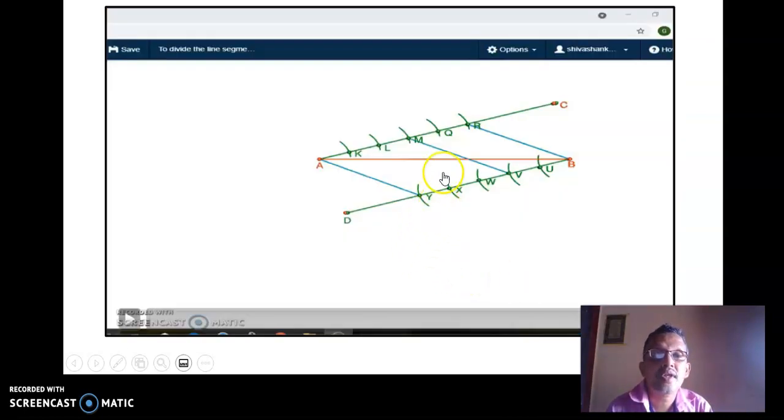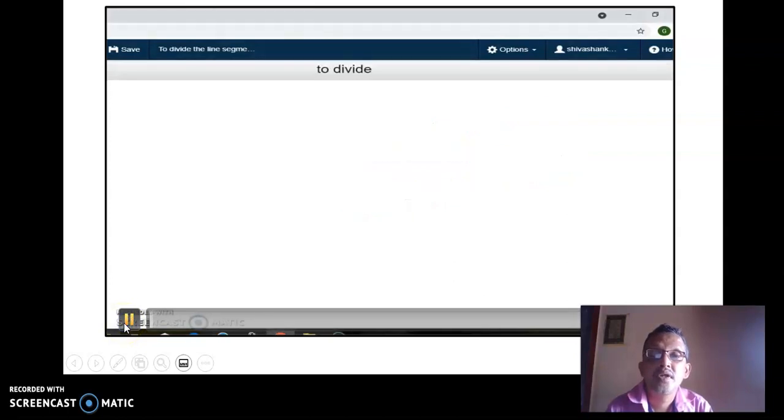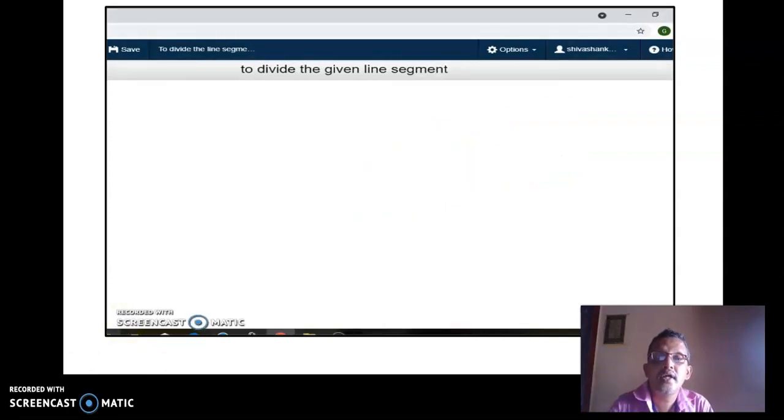So now here I will show a construction, how to construct. So first draw the line segment 10 centimeter.